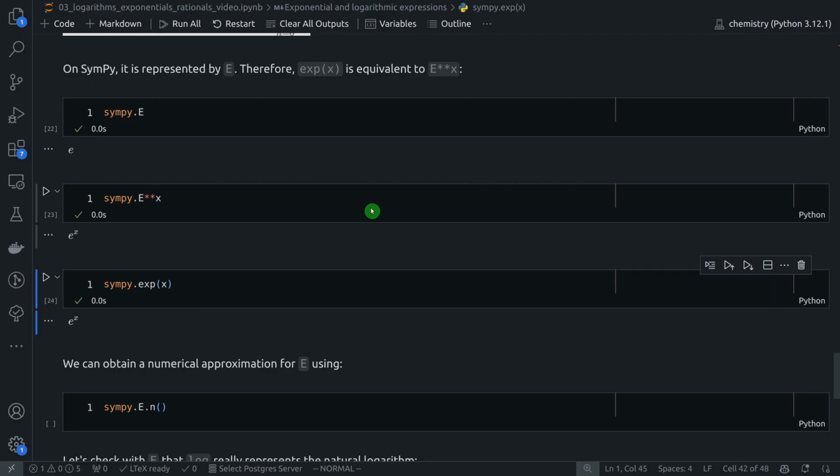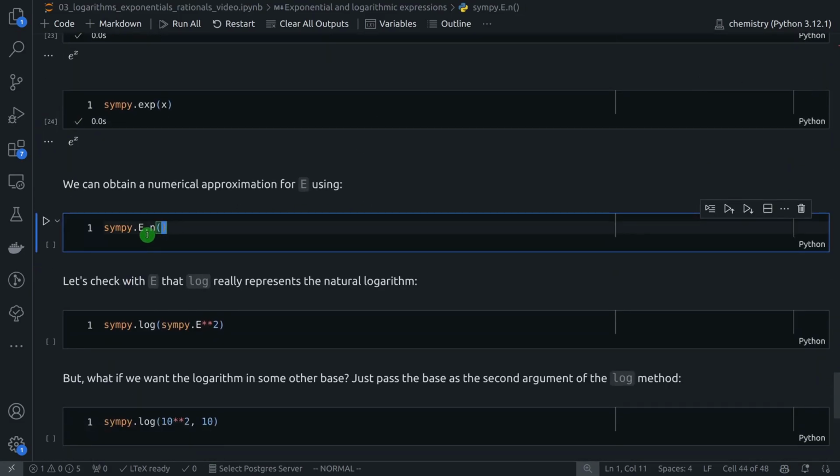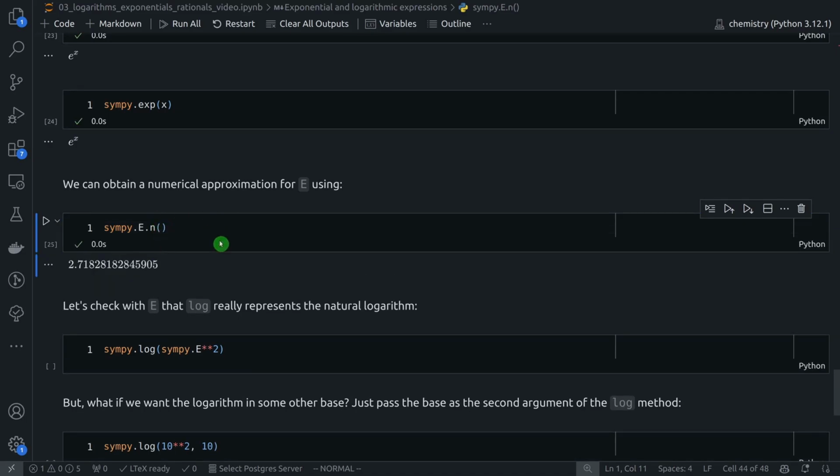If you want a numerical approximation for e, you can use the evalf method. I've already talked about the evalf method in other videos. Now running this cell, you can see here a numerical approximation for Euler's number.